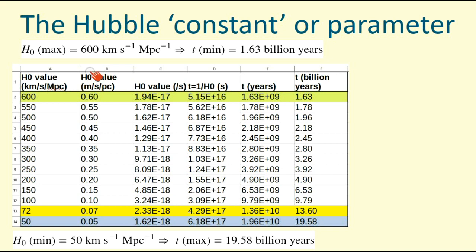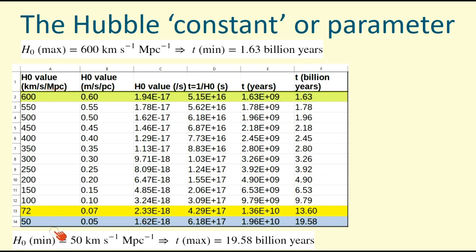The values that you looked at before in the table and in the actual graph, I've gone for the maximum value. If you have the maximum value on a spreadsheet here, 600 kilometers per second per megaparsec, and calculating all the way through, we end up with the age of the universe, the minimum age. So the maximum value of the Hubble constant, 600 kilometers per second per megaparsec, gives a minimum value of time of 1.63 billion years.